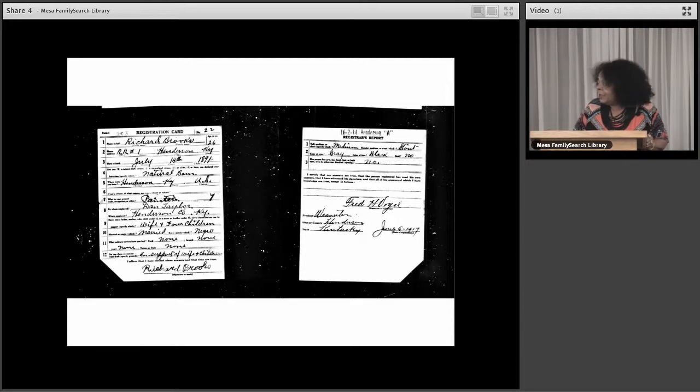This is the man that he worked for, where he lived, his wife, and his children. So there's a lot of information on here. It's dated June 5th, 1917. It says he was of medium height, stout, with gray eyes and black hair.